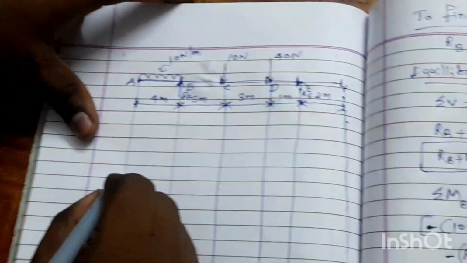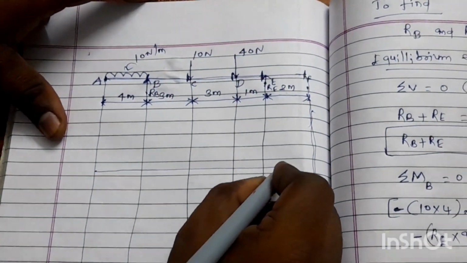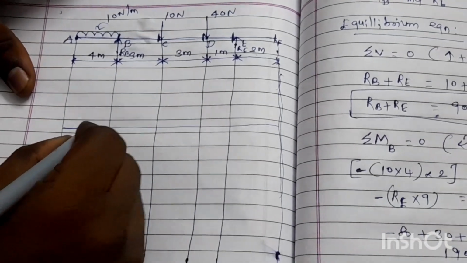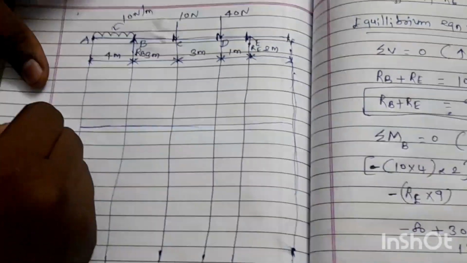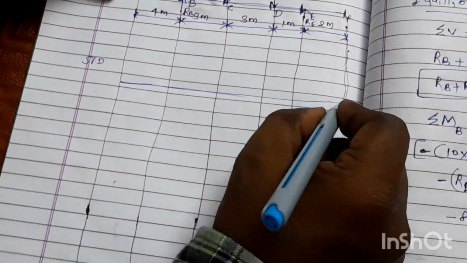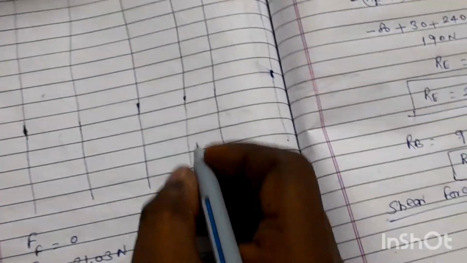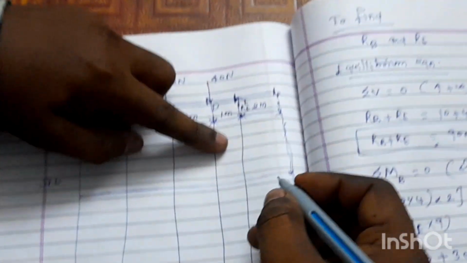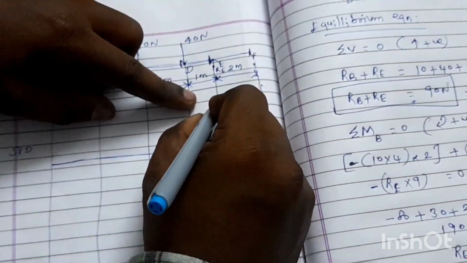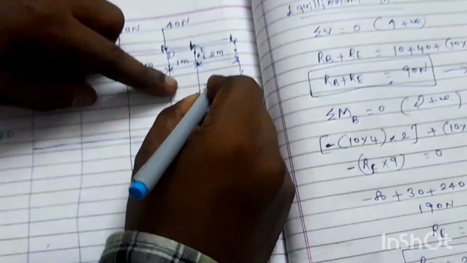Now let's draw the shear force diagram. Just take shear force, 0 shear force and neutral line for shear force diagram, SFD. And here we have the point 0, and this is 21.03 positive value, 21.03 Newton.